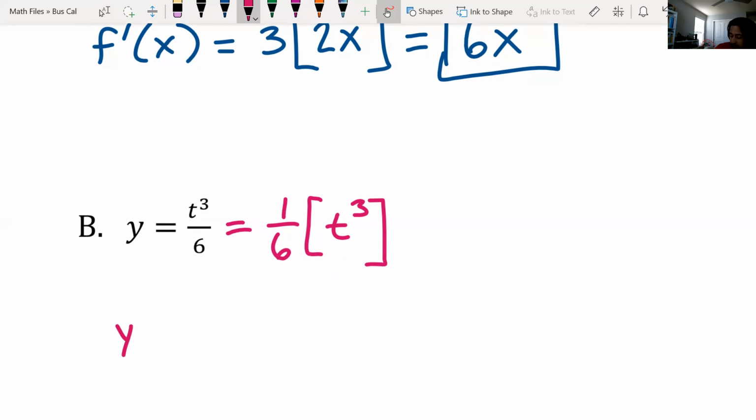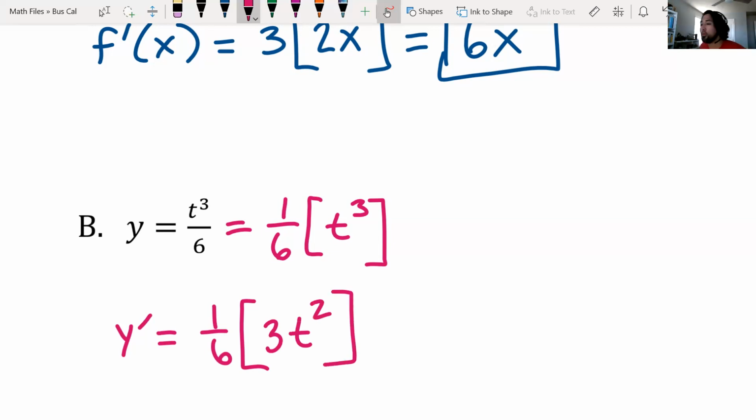So we'll say y prime equals the 1/6 stays out front. And what's the derivative of t cubed? 3t squared. There you go.